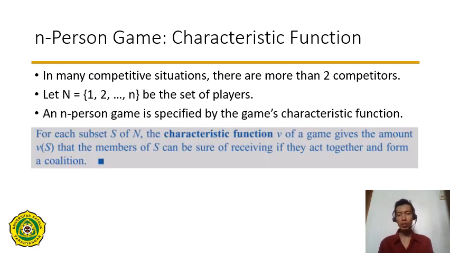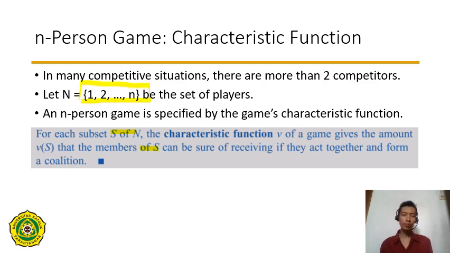An n-person game is specified by the game's characteristic function. This is the first concept that we need to learn, called the characteristic function. For each subset S of N, the characteristic function v of a game gives the amount v(S). So v(S) is the amount that the members of S can be sure of receiving if they act together and form a coalition. S is a subset of these players.